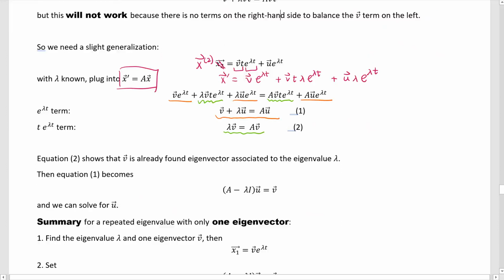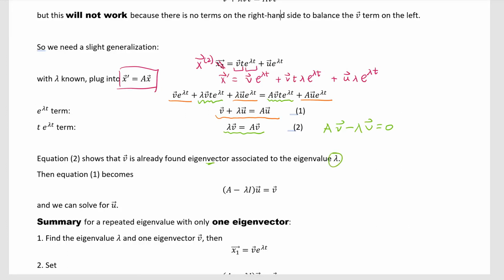Now let's look at equation 2. What does that tell us? It tells us that Av minus lambda v is 0. That means v is the eigenvector associated to the eigenvalue lambda.